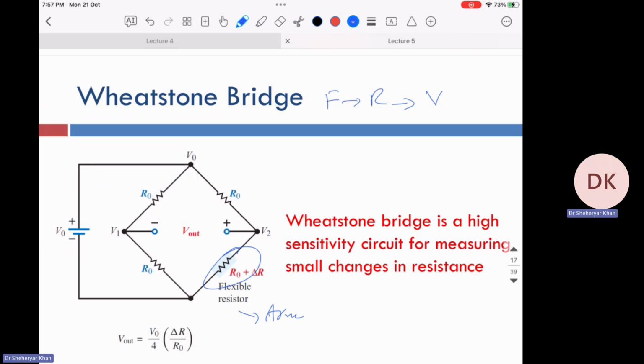Okay, so when you plug some sensor here and you apply a force, resistance changes, and the resistance, which was R naught, changes with delta R. Any change in resistance will change the balance point of the bridge, and you can have your meter here that has some needle, and then it will show you the force in terms of voltage.